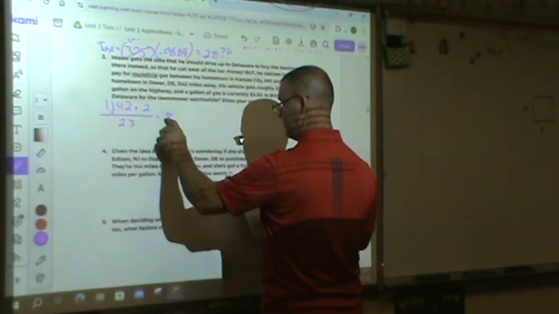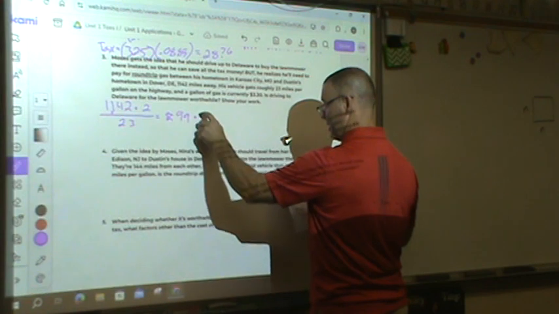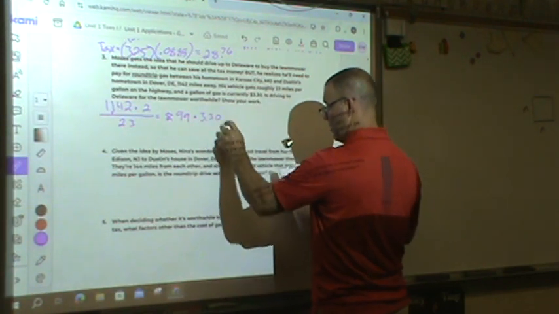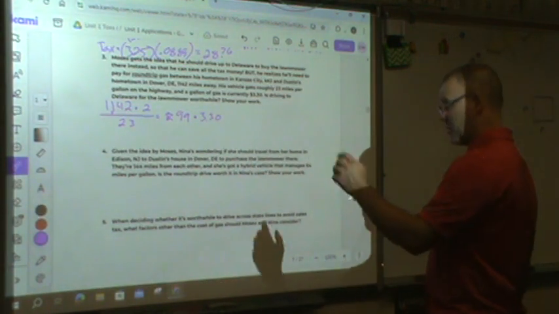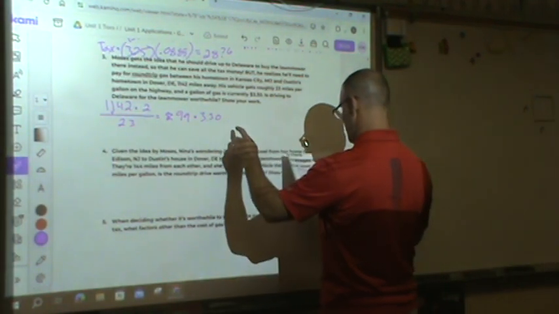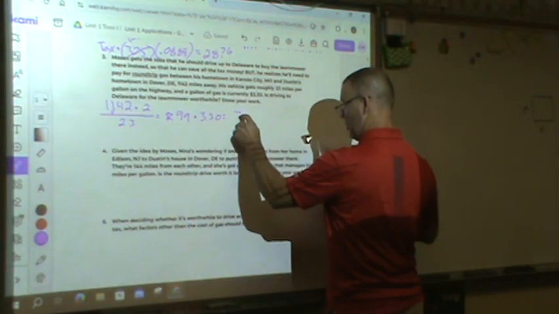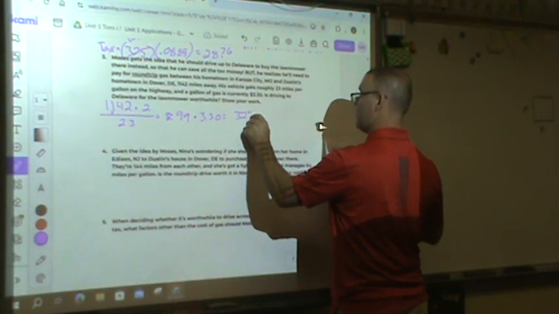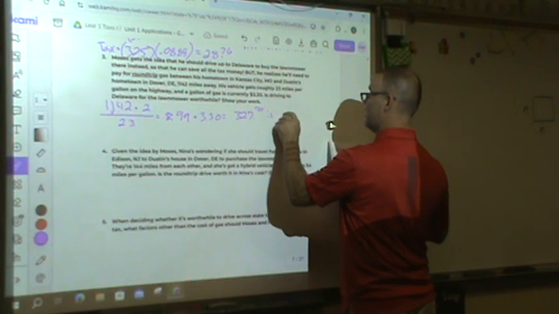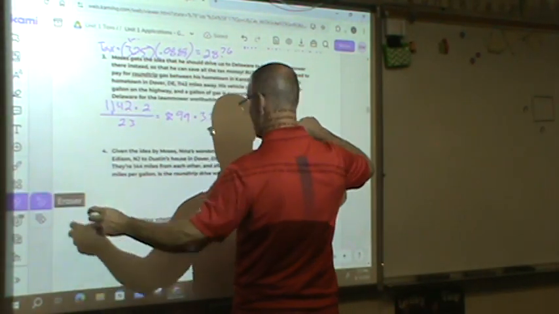I knew I was looking at the wrong one. That gives us 99. We're going to take that total, multiply it by $3.30. So it's going to tell us we're going to need 99 gallons of fuel. So times $3.30, that is going to give us a total of $327.70 in gas to go there and back.